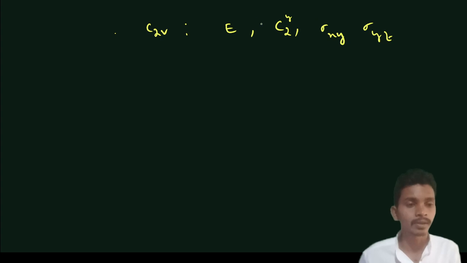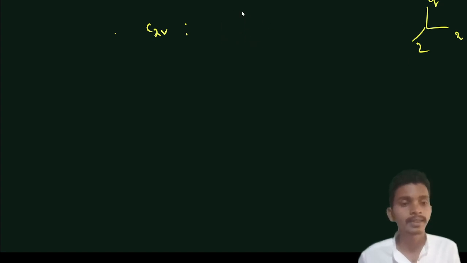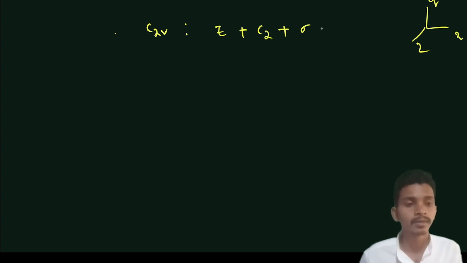Whatever the group, it's better to write out the elements; the names will depend on which axes you take, x, y, z. So I am writing generally: E plus C2 plus sigma plus sigma.